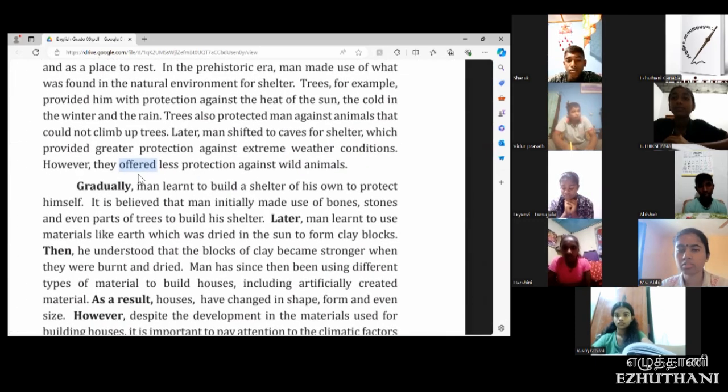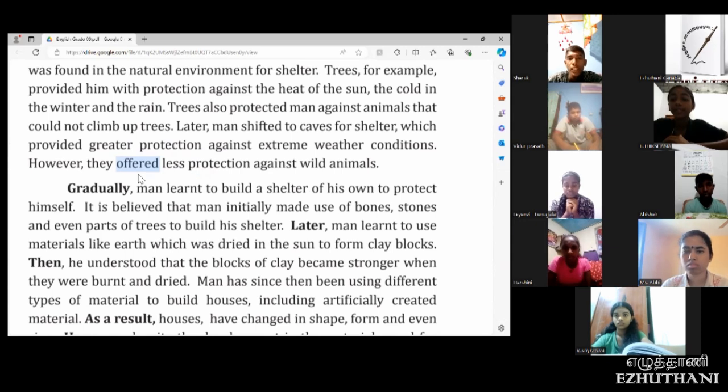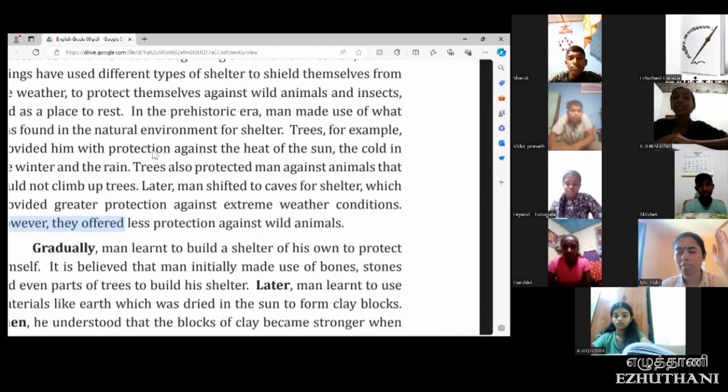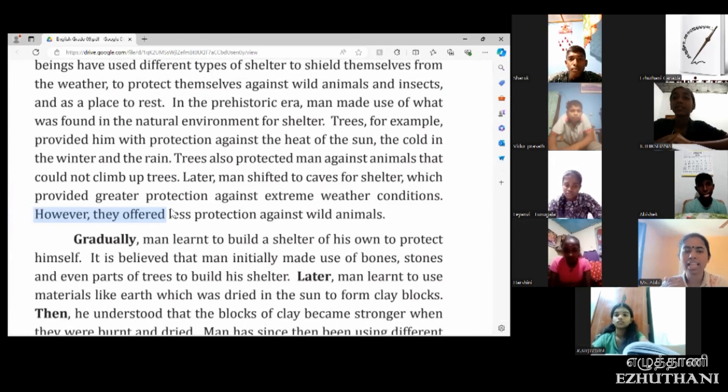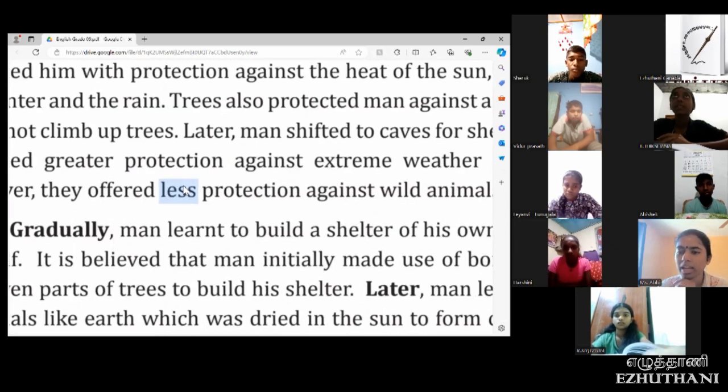வசனம் புரிஞ்சதா தீக்ஷனாக்கு? Did you understand what you read? Yes, teacher. Okay, தமிழ்ல சொல்றீங்களா? என்ன வாசிச்சீங்கன்னு? It's okay. So, however, they offered less. So when they shifted, அவ மரத்திலிருந்து கேவுக்கு மாறினவ ஷெல்டருக்கு அப்படி மாறேக்க less protection. What does less mean?